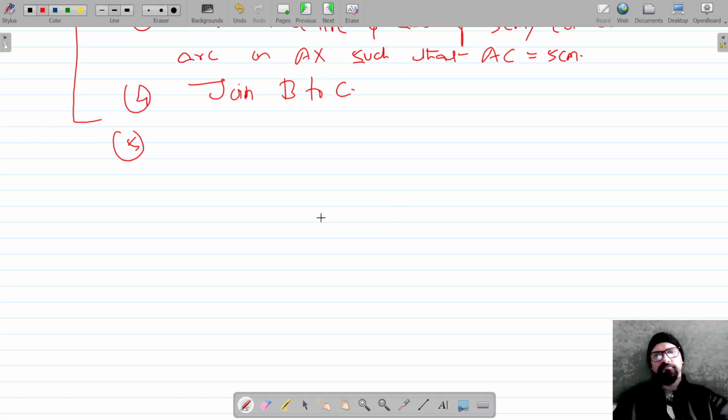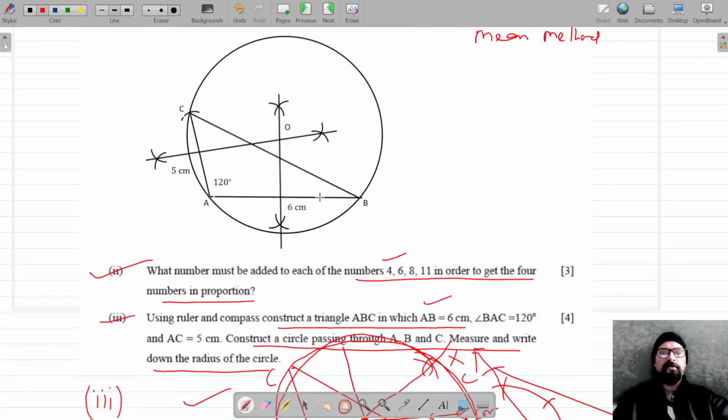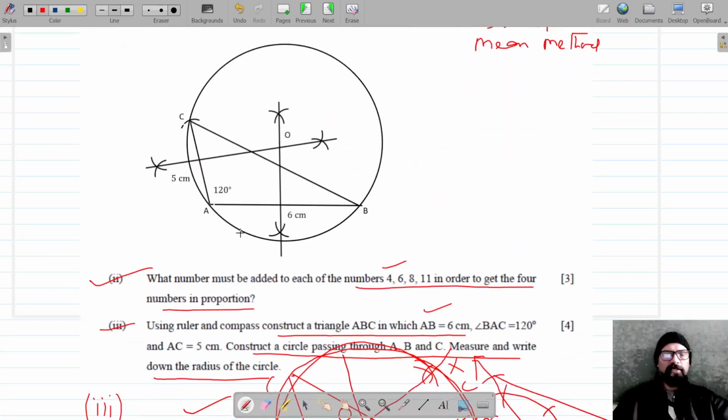So this is how your circle will look like. This is AB, which is 6 centimeter. This is a 120-degree angle. Then on this, cut an arc of 5 centimeter. Draw the perpendicular bisectors of AC and BC. They will intersect here. Now you place the compass here and open it up to C. So this will be the radius, and draw a circle.